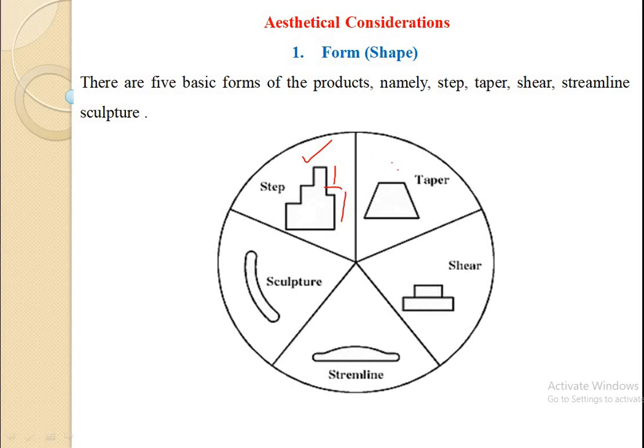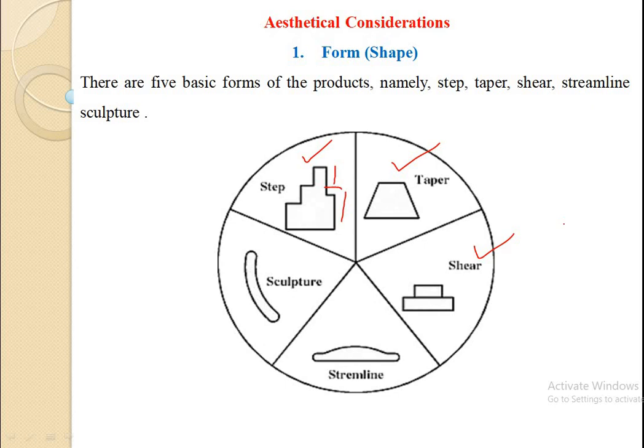Now, the second form is the taper form. The taper form consists of tapered blocks or tapered cylinders. If you find any product in the form of tapered blocks and tapered cylinders, then this kind of product will fall into this category, that is the taper form. Third is the shear form.